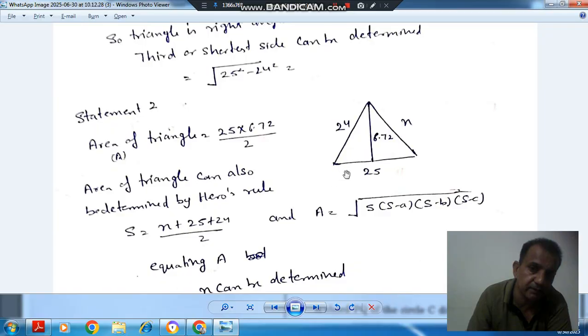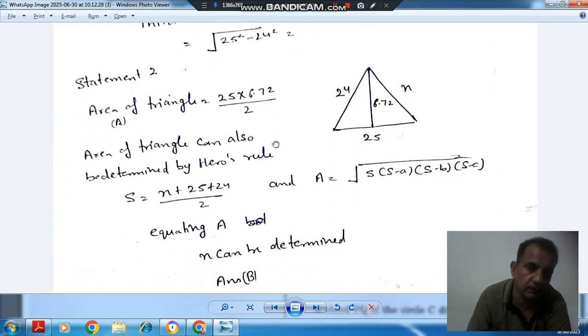Now using the second statement, the length of the perpendicular on the longest side, taking it as base, is 6.72. So this is your 25. This perpendicular is 6.72, this other side is 24, and the third side has dimension x. Now from 25 and 6.72 we can determine the area of the triangle, that is base into perpendicular by 2.